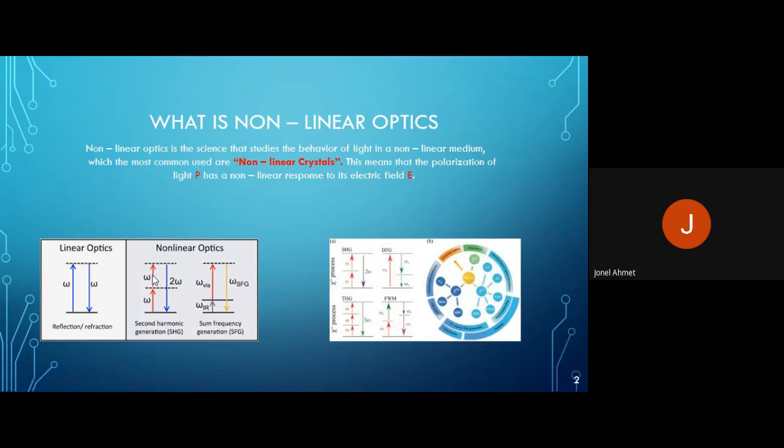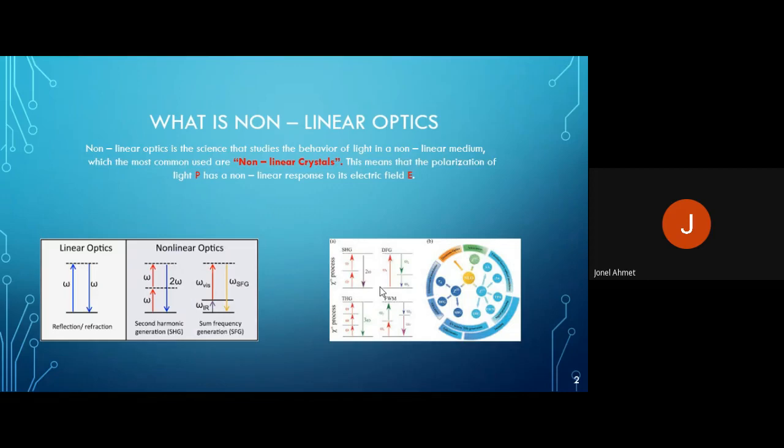We can also see another nonlinear polarization process called sum frequency generation, or SFG, based on the annihilation of two input photons at angular frequencies omega-1 and omega-2. In this picture, it is like omega IR and omega VIS, while simultaneously one photon at frequency omega-3, or as displayed, omega SFG, is equal to the sum of the two first frequencies generated.